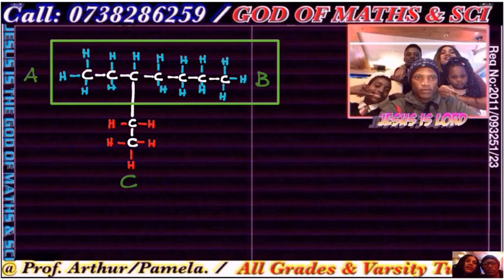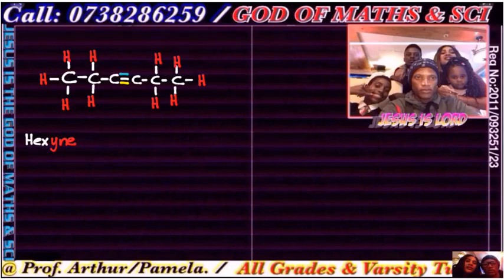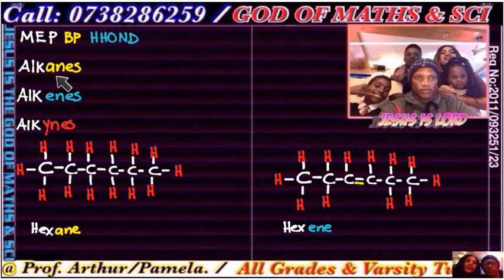Now everything that is outside the box is going to be what we call an alkyl group. There is what they call alkyl. Let's go back here. Remember this one, it was alkane, A-N-E, meaning the name ends with A-N-E.